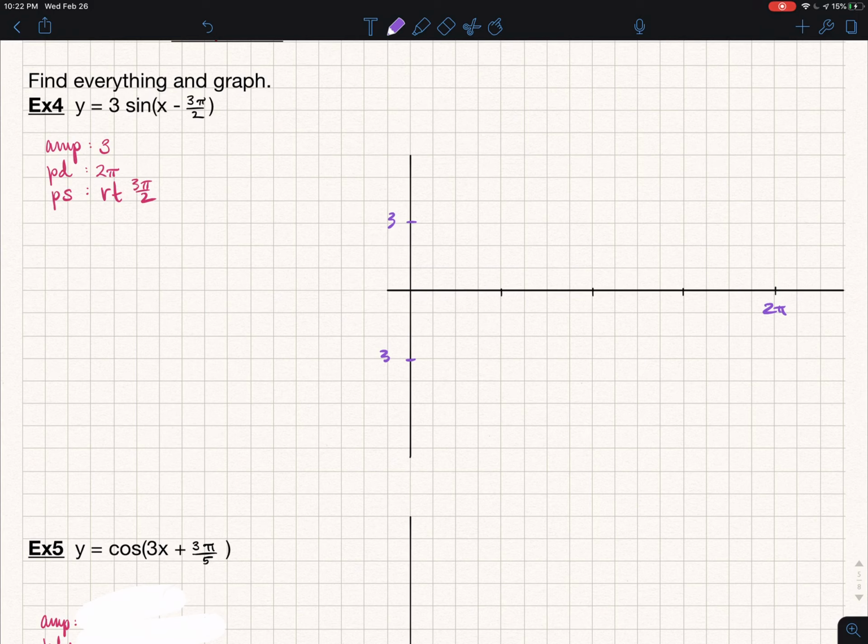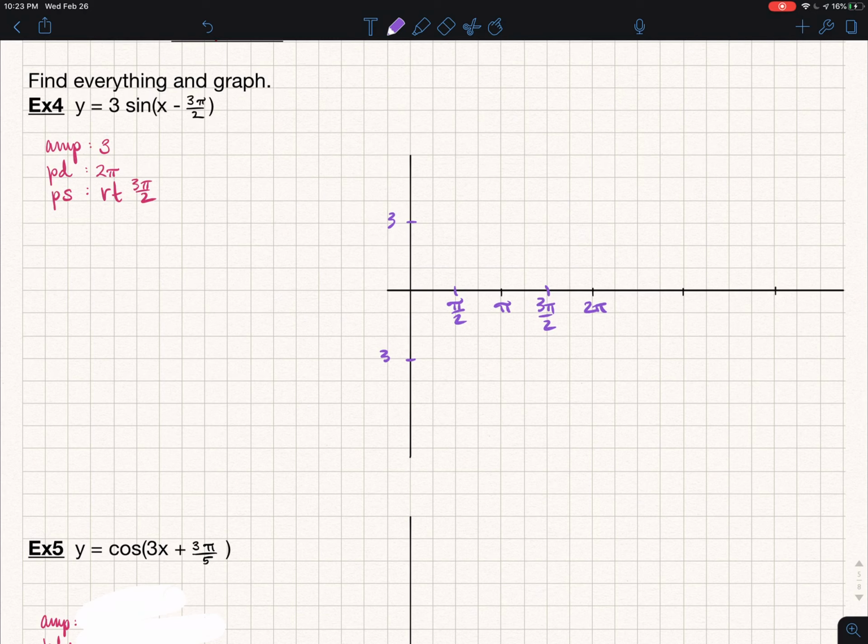So I need to plan this a little bit better. Instead of putting 2 pi all the way at the end, I'm going to make a new ending, and that's going to be this one right here. Take half of that, that'll be pi. Take half again, that'll be pi over 2, so you have to make a new tick mark for that. Then you'll count: 1/2, 2 halves, 3 halves, make a new tick mark, 4 halves. So you're just squeezing the x-axis in so that you have room to shift to the right.